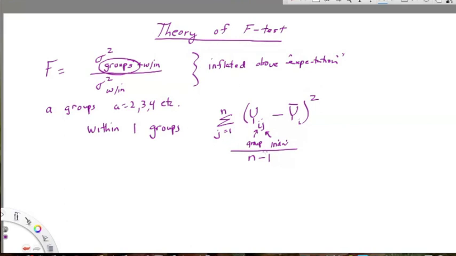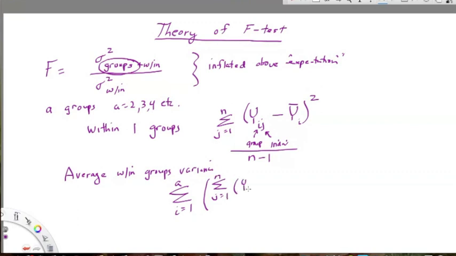And so this is within one group, so the average within groups variance we would find, just as we typically do for any average, we would sum across all i groups from 1 to A, and we would sum these variances that we've just created within groups and divide by n-1.